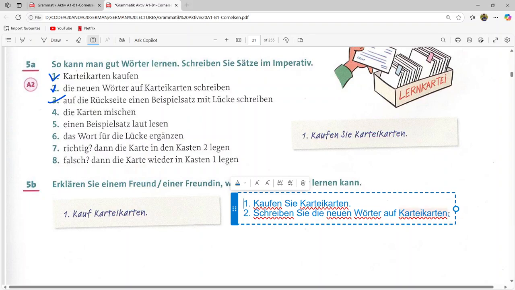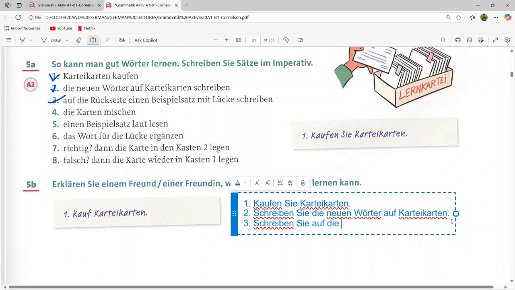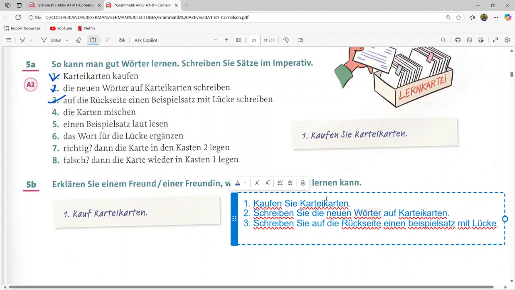So let us write: Schreiben Sie auf die Rückseite einen Beispielsatz mit Lücke, with gap. Okay, this one is also done.